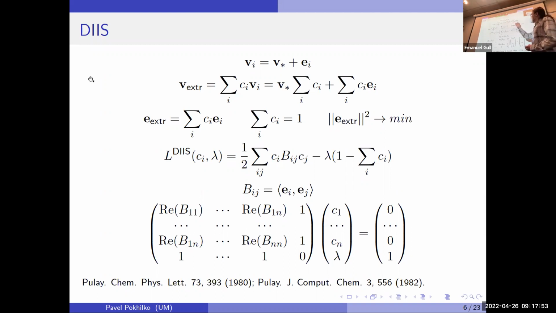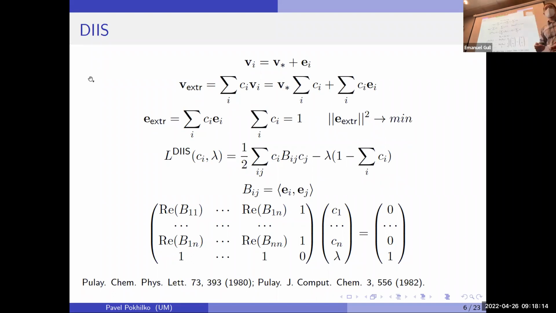And if we want to have a sequence of extrapolated vectors that reach the convergence, we can immediately see that we must have a necessary constraint on these coefficients, that they must add up to 1. And the remaining part is called an extrapolated error.